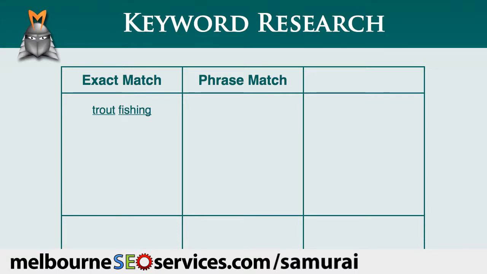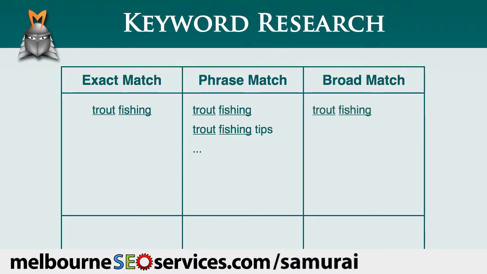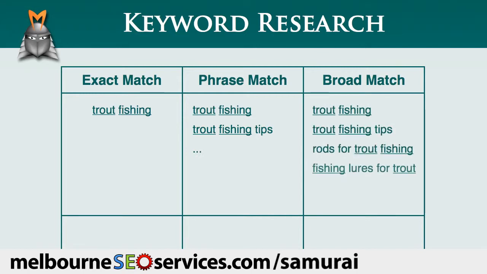Some examples were trout fishing or perhaps trout fishing tips. Also, we saw that broad match data relates to how many people are searching for keywords in any order that may be included with other keywords, such as trout fishing tips, rods for trout fishing, lures for trout, fly fishing for trout, and many others.